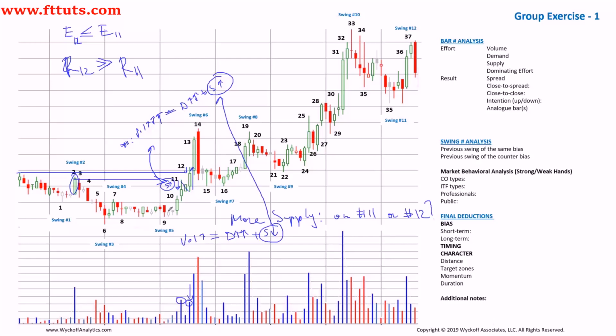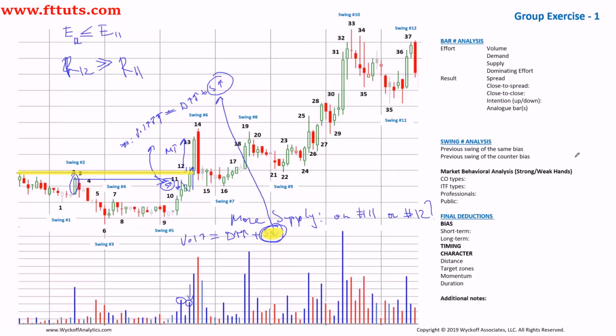Do you guys see how bar by bar we are defining the character of the probable next move short term, but within the context of the structure, we could also understand the context of the swing. And of course, once supply has diminished on bar number 12, and we are close to the resistance at that point, not only are we going to continue to the upside, but because supply is so low, we're going to accelerate and momentum is going to increase as well.